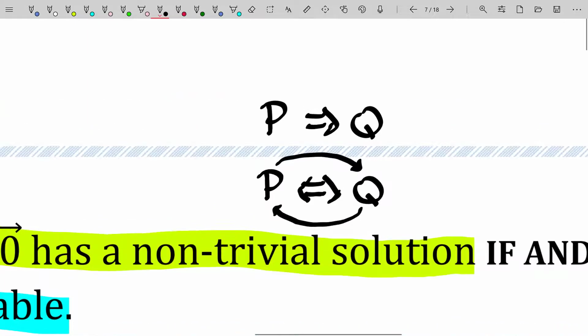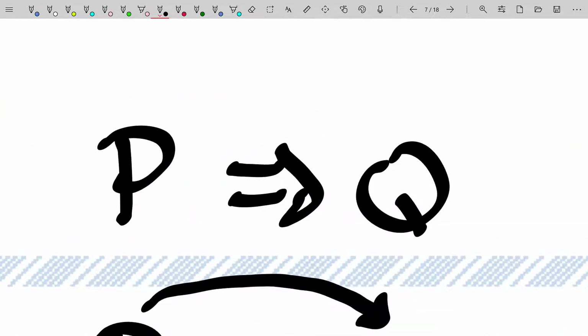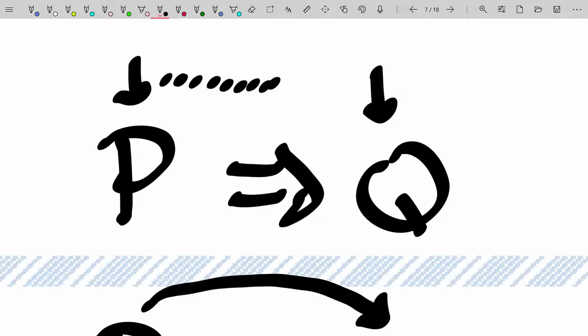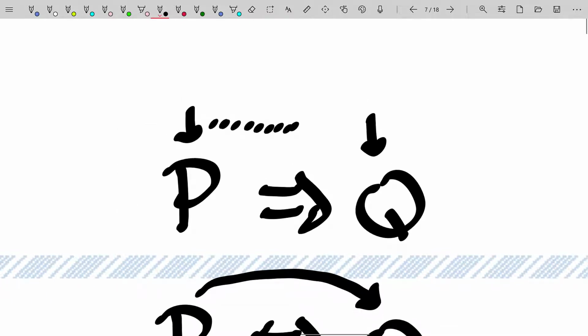A normal proof for a theorem like if P, then Q, requires us to say, well, let's suppose that P is true, and you do some logical deductive work and arrive at Q being true. Or there are other proof methods here that you could use, one being proof by contraposition and another being proof by contradiction.